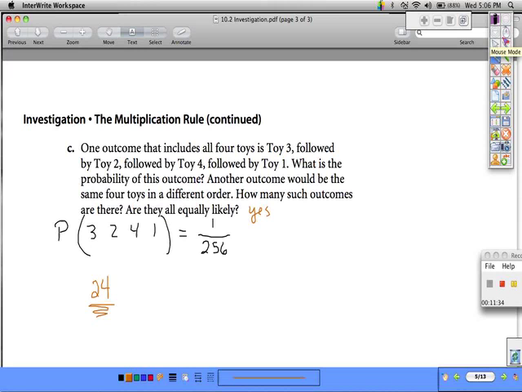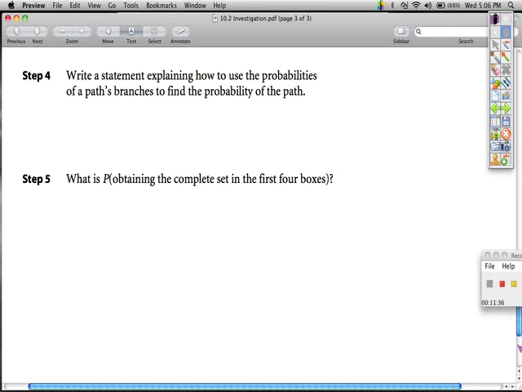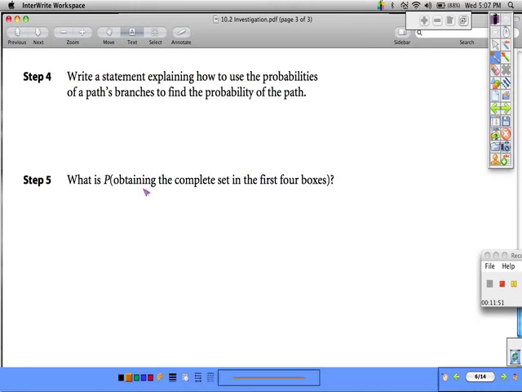So that takes us to the next question. Write a statement explaining how to use the probabilities of a path's branches to find the probability of the path. Well, you count them. You count the number of paths there are, and you add up that many probabilities.